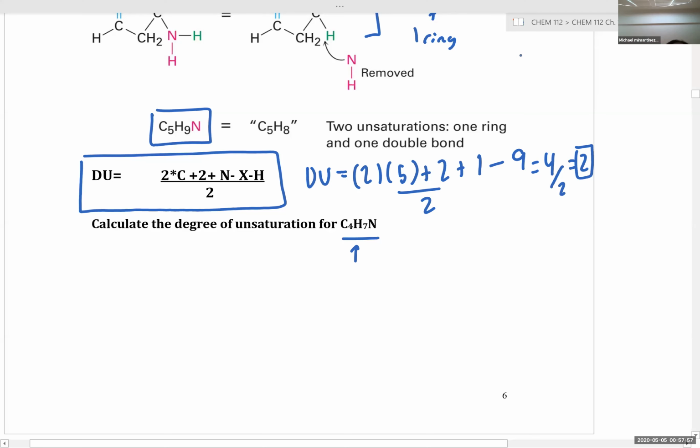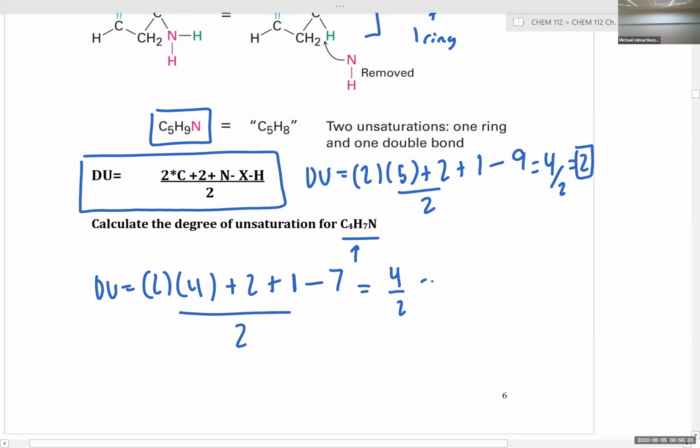So in terms of our DU calculation, we're going to take 2 times the number of carbons, which is 4, plus 2 plus the number of nitrogens, which is 1, minus the number of hydrogens, which is 7, over 2. So looking at this, we have 4 over 2, which gives us a DU value of 2.